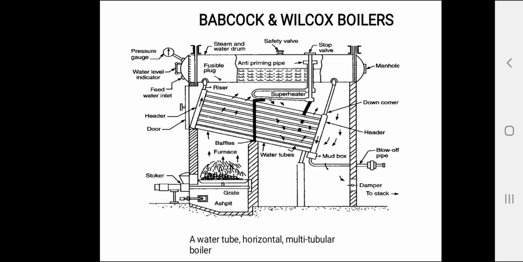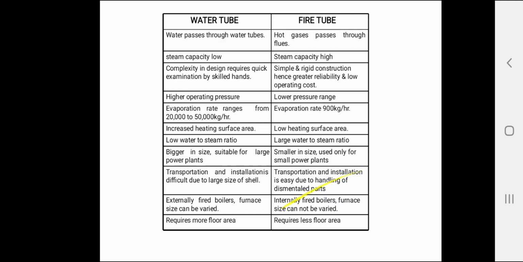The steam from such boilers is primarily used to run steam turbines and generate electric power. This is one of the water tube boilers. There are different types of water tube boiler, but the working principle is the same.